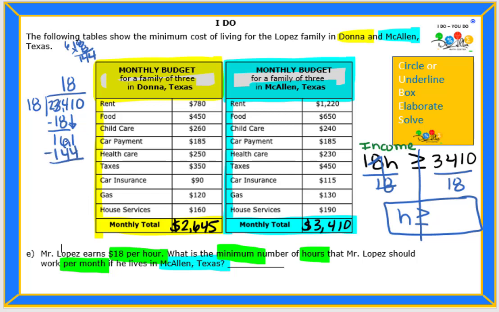I'm going to have to borrow and regroup. And now I can bring down this 0. And I remember that 18 times 9 was 162. So I think we can use 9.